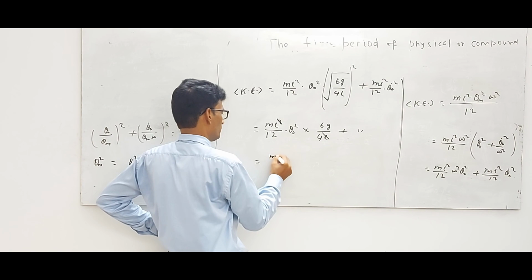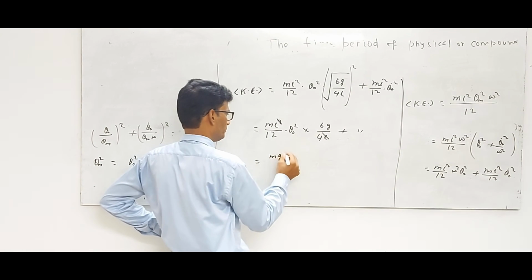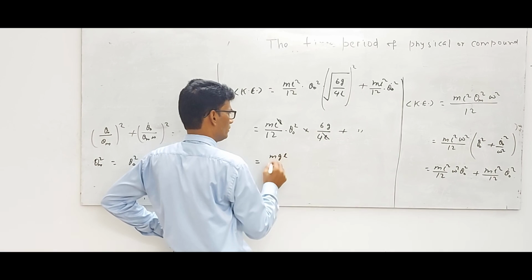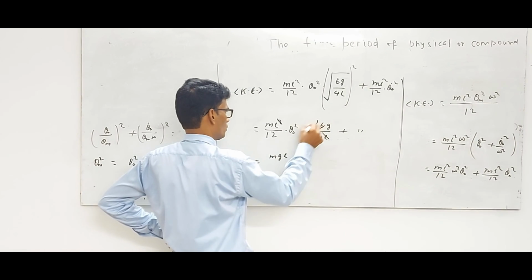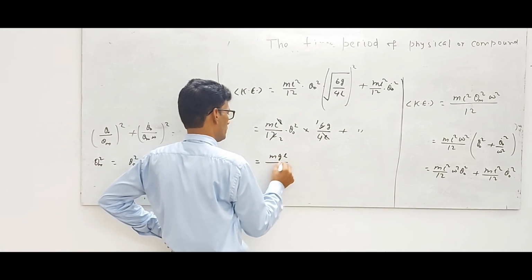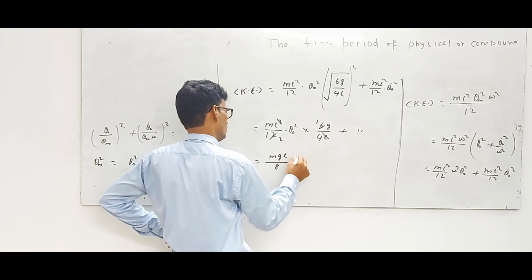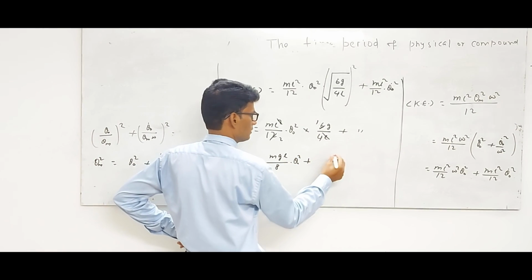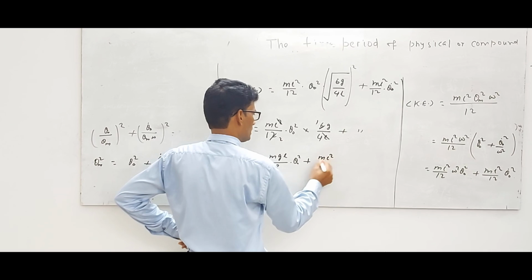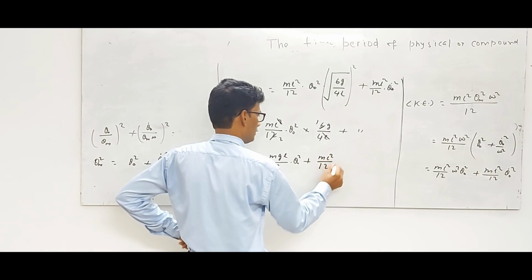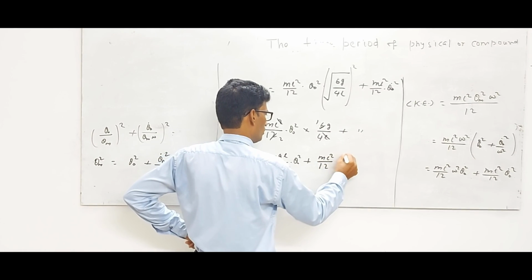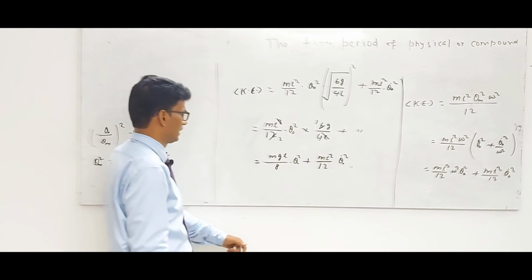So this becomes mg L, theta naught square, plus L square over 12 theta naught dot. That's the final mean kinetic energy.